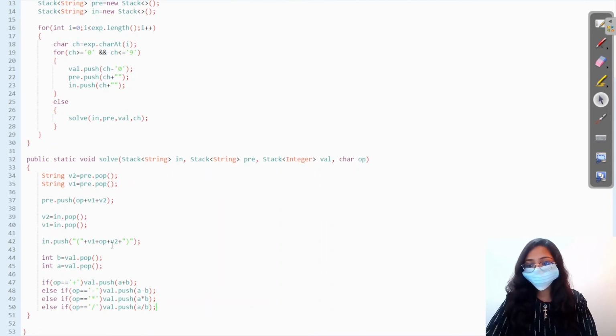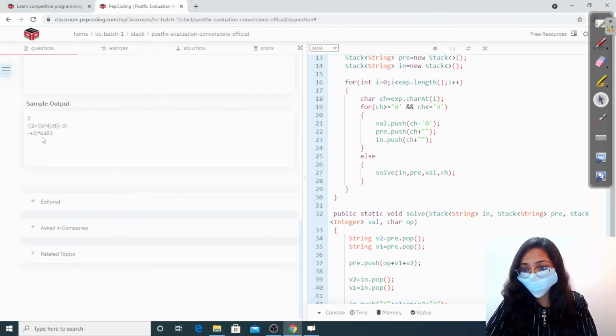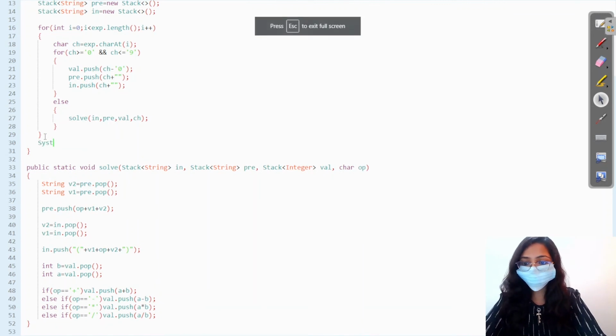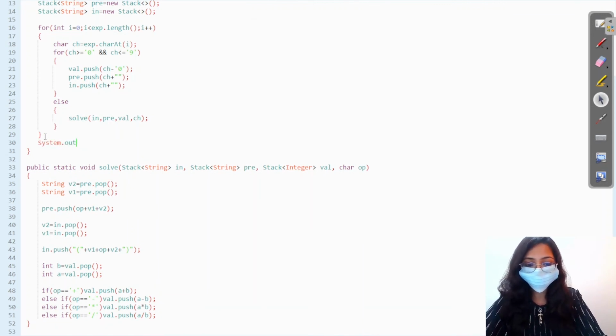So this function helps us in creating all the modifications onto the three stacks, that is prefix, infix, as well as the value stack. Now we need to print these. So first let us check what the order of printing is. We want the value first, then infix, and then prefix. So we are going to print in that order. System.out.println.